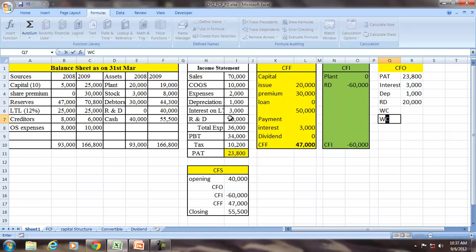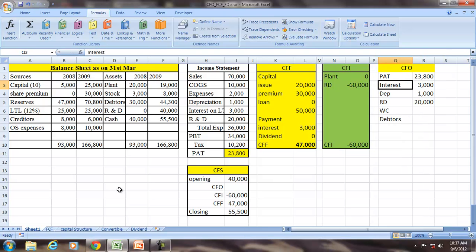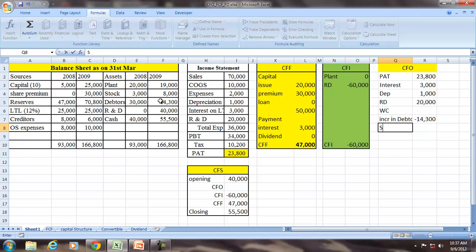What happened to the working capital? The debtors, we can see the change in the debtors here has increased. So increase in debtors, that means we sold the goods on credit during this period. So to that extent, it should be deducted. We see the stock.